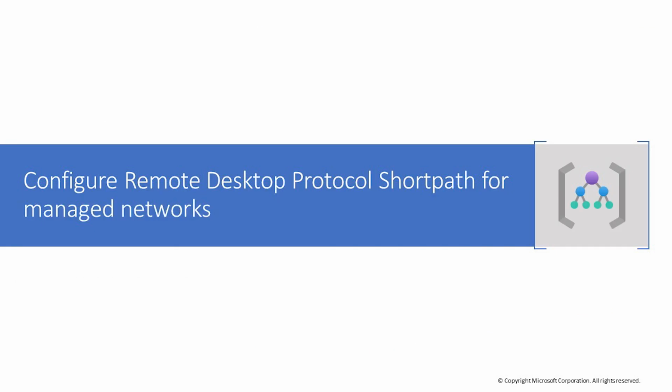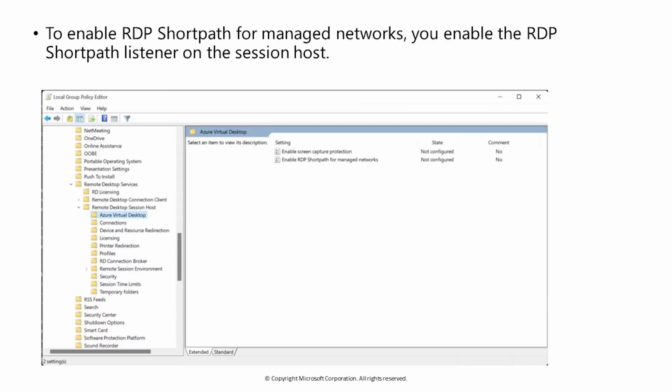When it comes down to the configuration itself, obviously there are certain settings within group policies where you can go and enable it. There is one small configuration that can be done very easily over the policies. Let's say, for example, if I'm sitting on a client machine, I can install the administrative templates, and from there itself you can enable the RDP Short Path listener for your given managed networks as well. So there is a procedure.